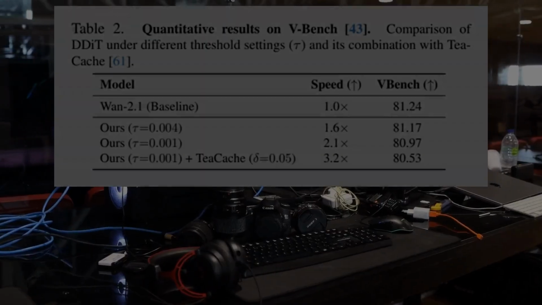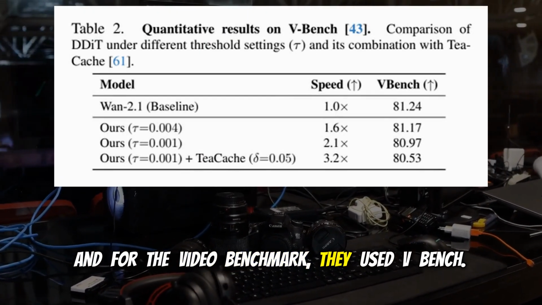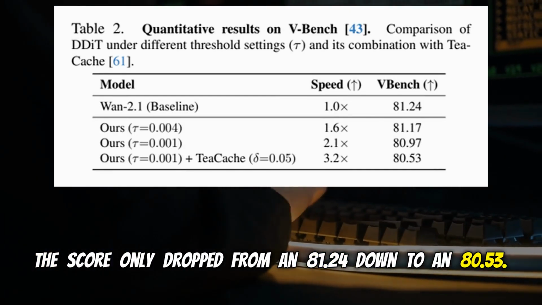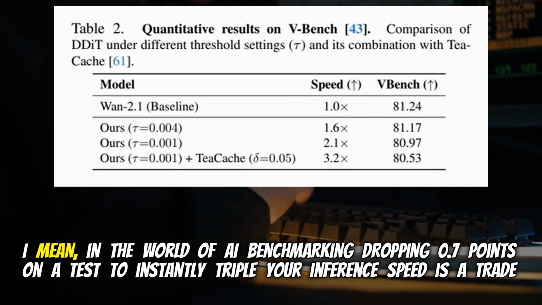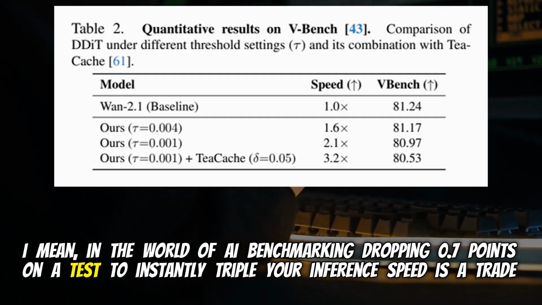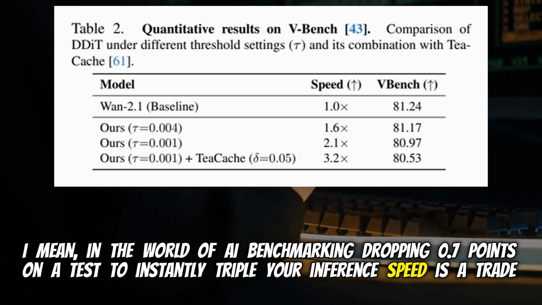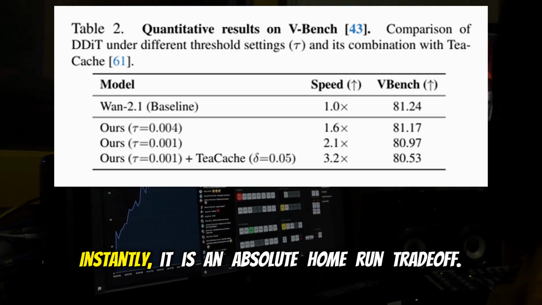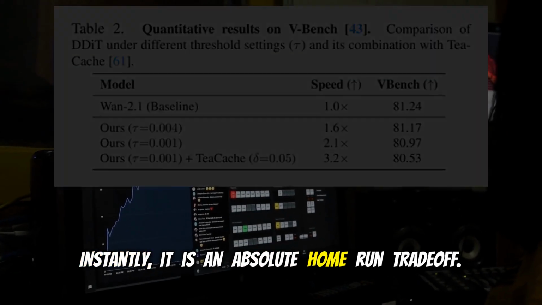Completely negligible. And for the video benchmark, they used VBench. The score only dropped from an 81.24 down to an 80.53. I mean, in the world of AI benchmarking, dropping 0.7 points on a test to instantly triple your inference speed is a trade literally any engineer would take every single day. Instantly. It is an absolute home run trade-off.